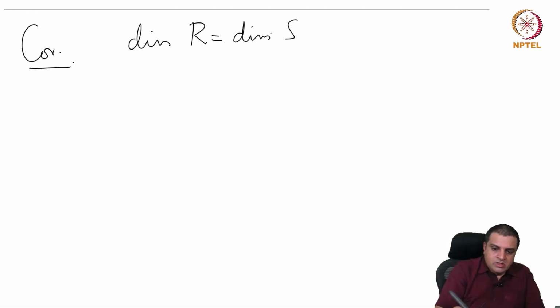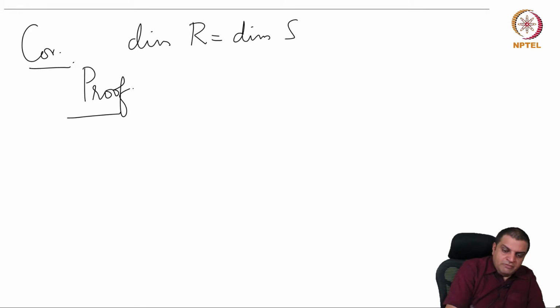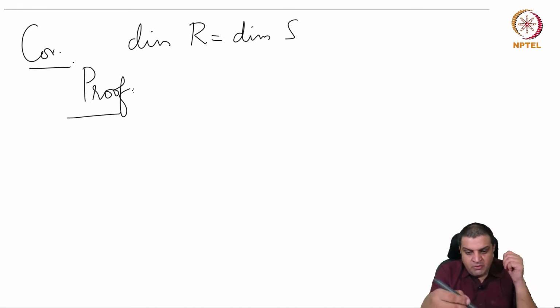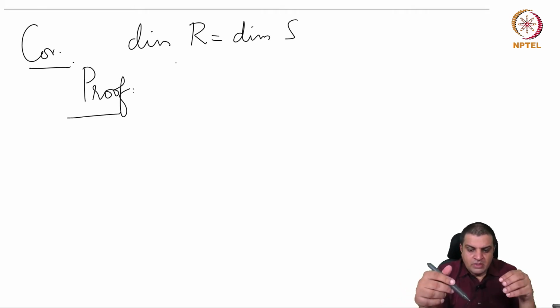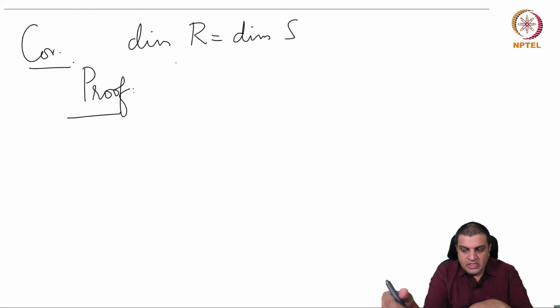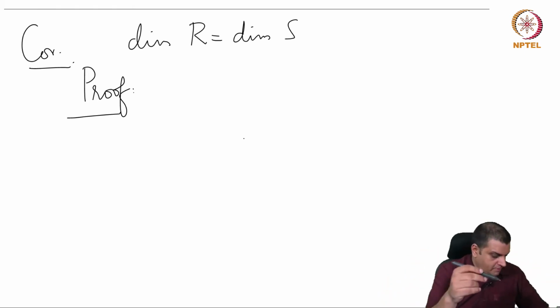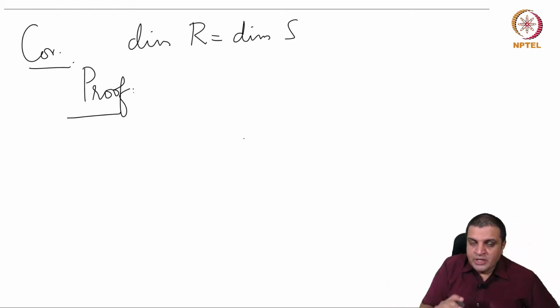So the proof: we have to prove that the supremum of lengths of chains of primes in R is equal to the supremum of lengths of chains of primes in S. We will prove that for each chain here there is a chain of the same length on the other side, and then the other direction, and when we take supremum this will be fine. We will prove the two inequalities this way.